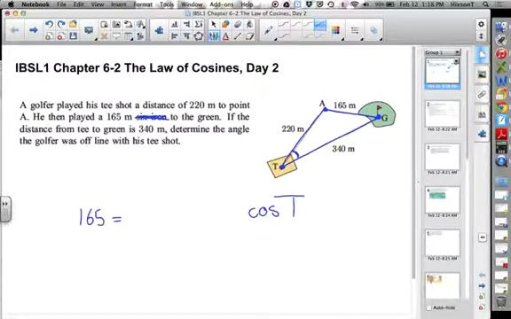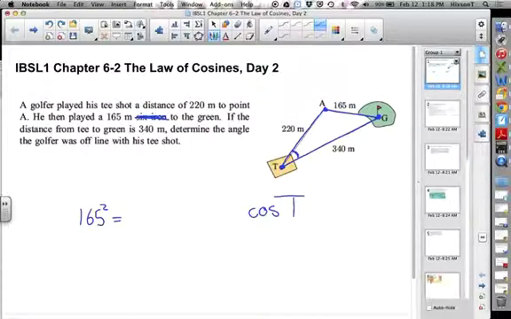That's a real key on these problems, to make sure you get this on the correct side over here. Otherwise, you'll be finding an angle of the triangle, but not the right one. If I put 220 over here, that would be finding angle G. Or if I put 340 over here, that would be finding angle A. So as it is, we've got the side across from the angle we want over here.